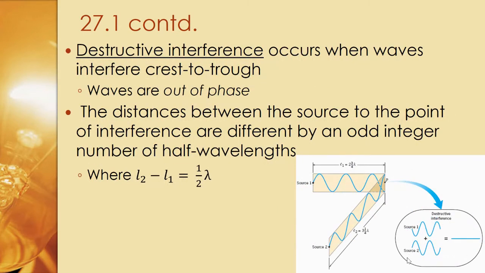For destructive interference, which is when the waves interfere crest to trough, and we would call that out of phase, that distance between the source and the point where you want the waves to interfere has to differ by an odd integer number of half wavelengths. So essentially a multiple of half a wavelength, and you would have a location of darkness there.